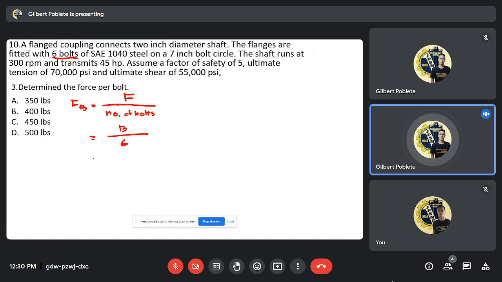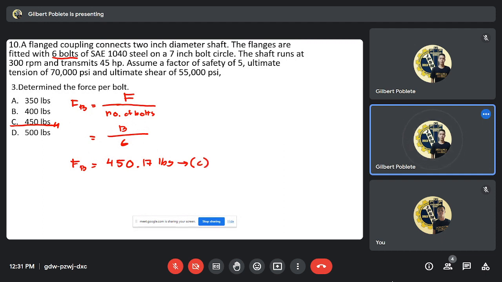So may nakuha tayong force ng bolt na 450.17. So ayan, 450 letter C. Ayan, shift store ulit natin yan, magamit natin.